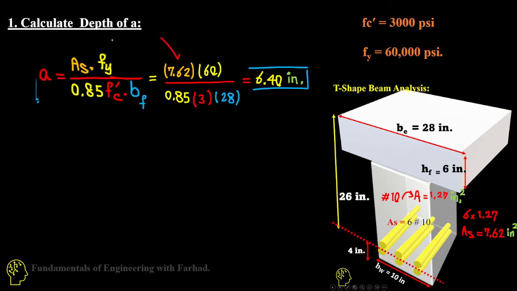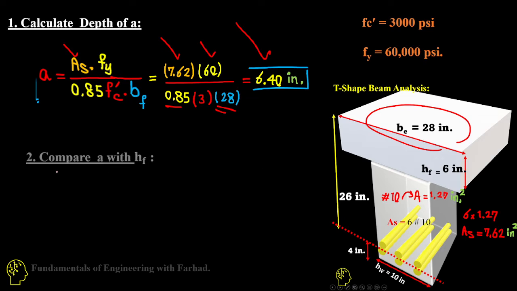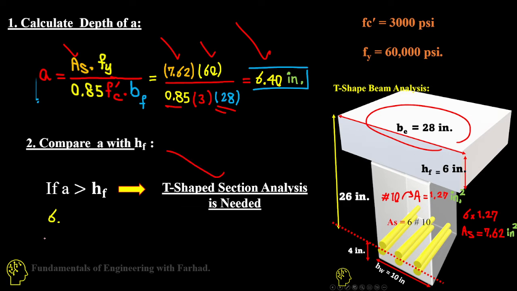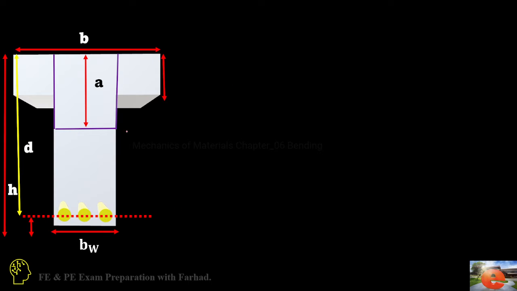If you replace that in area of steel times Fy, which is 60,000, over 0.85 times 3,000 times 28, which is b effective, it gives us a equals 6.40. It's definitely bigger than hf, the height of flange. 6.4 is bigger than 6, so definitely we need the T-shape analysis.